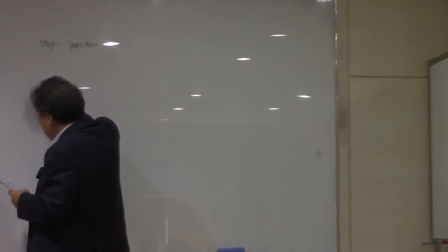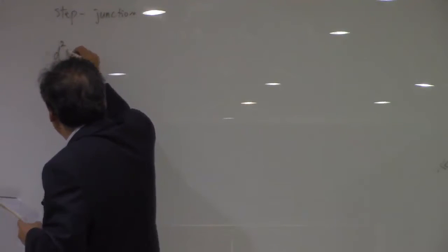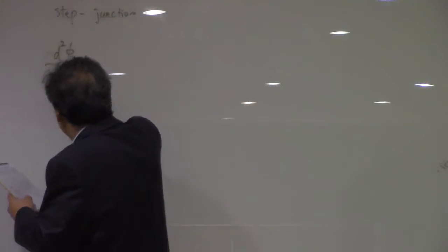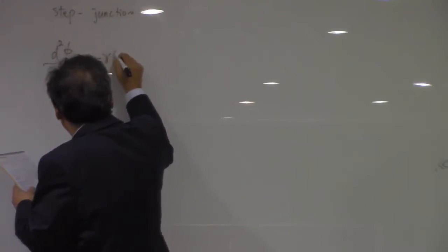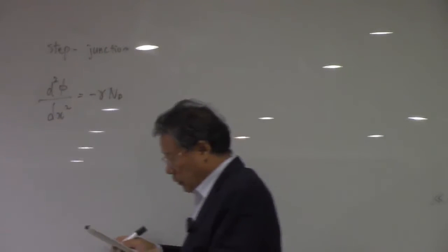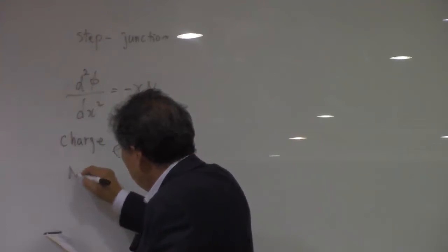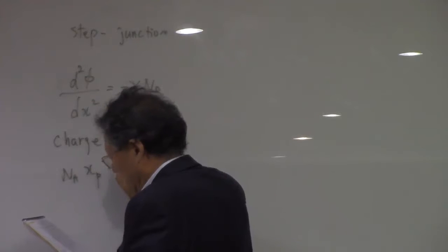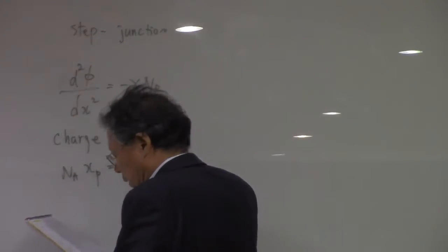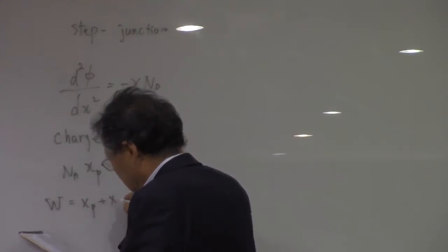That is a charge according to Poisson's equation, and charge neutrality: Na Xp is going to be Nd Xn, and W is the total length, Xp plus Xn.